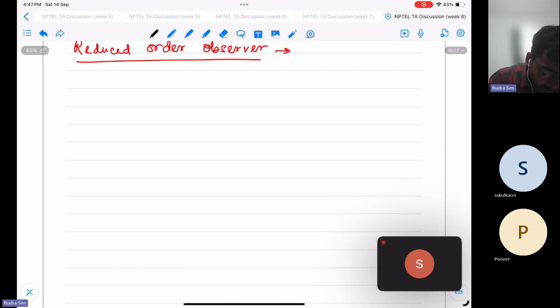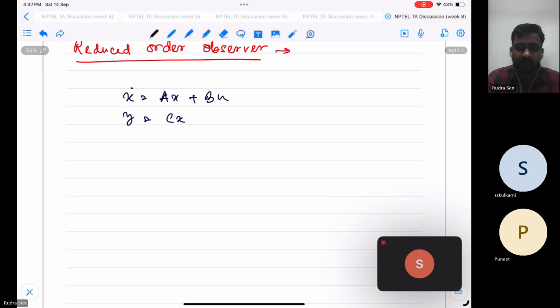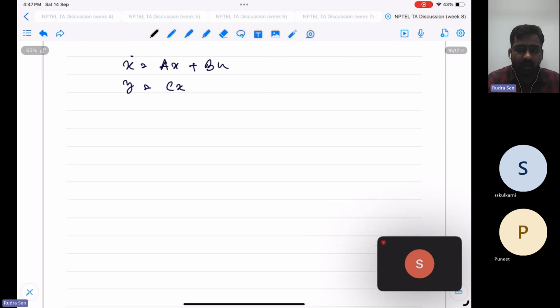So you have a system like that: x dot equals Ax plus Bu, and y is equal to Cx.